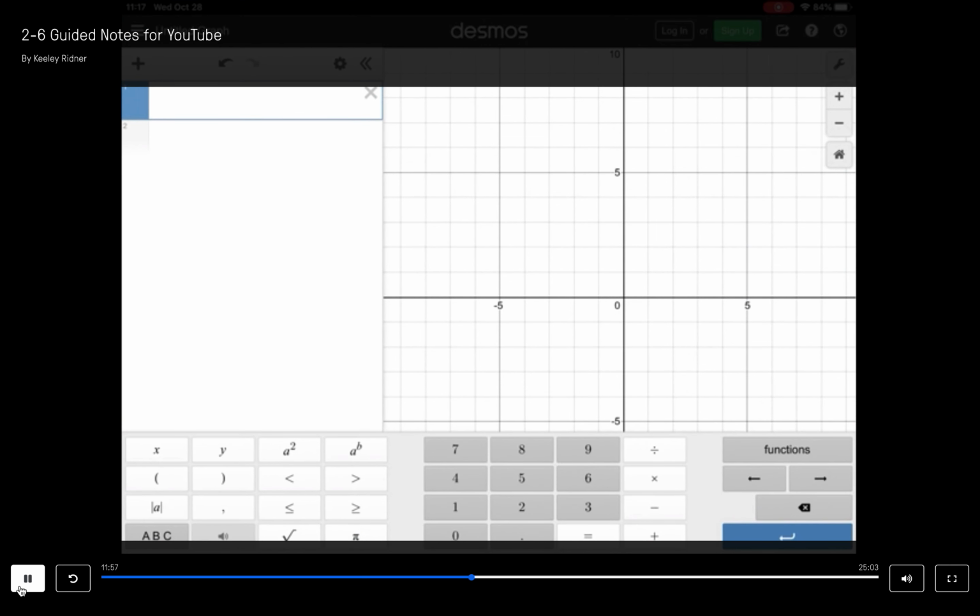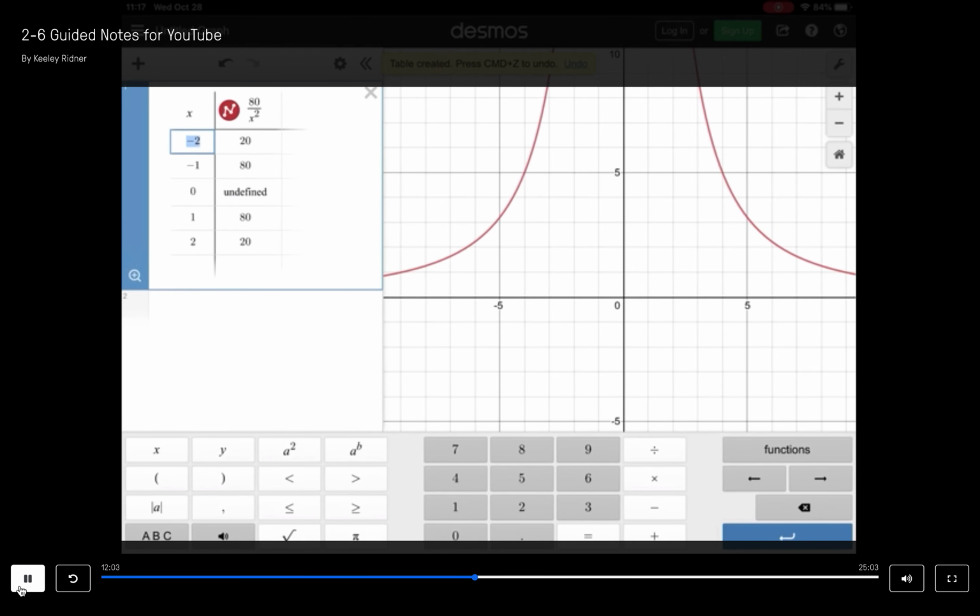Then I want to simplify 80 divided by x squared. I'm going to look at the table. So I am repeating steps that we've already talked about. Notice I have 220 there. All right, 3 is not small enough. What if I do 8? Almost. 9? Okay, I know the number has to be less than 9. 8 doesn't work. 7 doesn't work. 6 doesn't work. 5 doesn't work. 4 works.